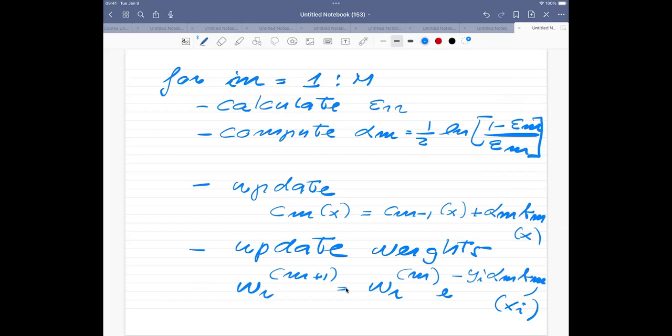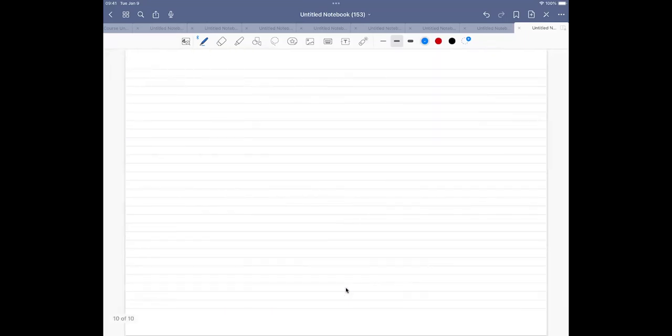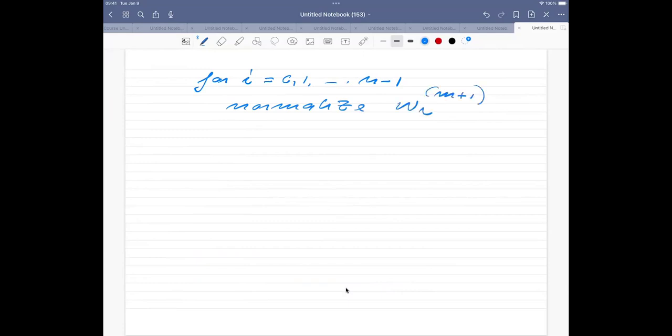So the next step here would be to update. So we would then have, for i inside this loop, from 0, 1 up to n minus 1 here, we would normalize the weights. This w_i^(m+1), so we would simply sum over all the data points which we have, and then normalize these weights of m plus 1, and we require that they normalize to 1.